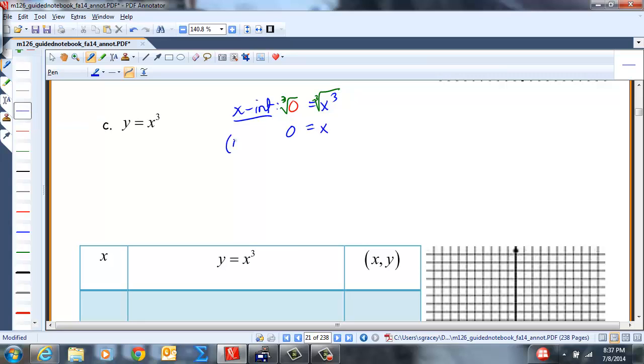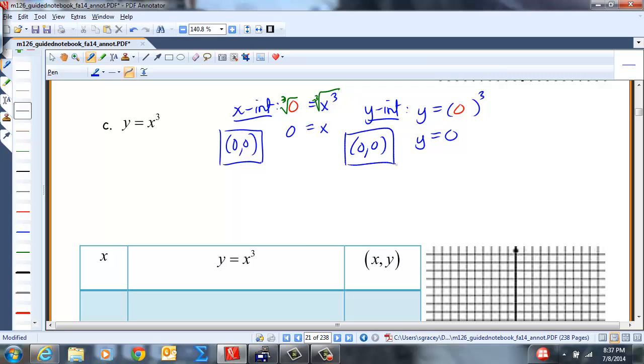So the x-intercept will be 0, 0. Y-intercept, you're probably already guessing. If we let x equal 0, you're going to have 0 cubed. So we'll get y equals 0. So again, the x-intercept is the same as the y-intercept, 0, 0.